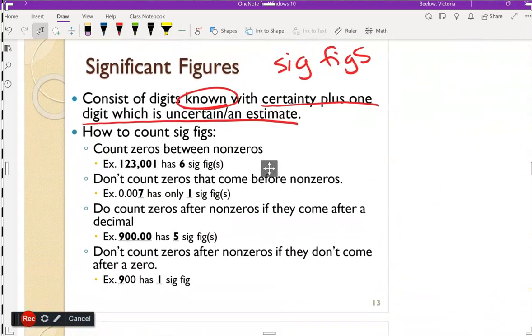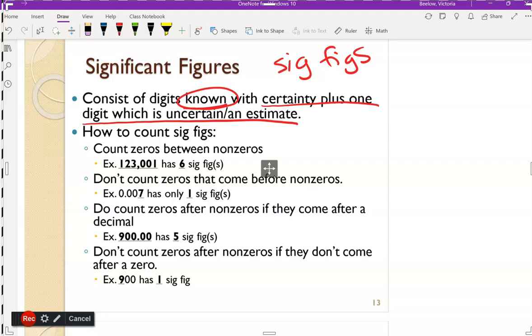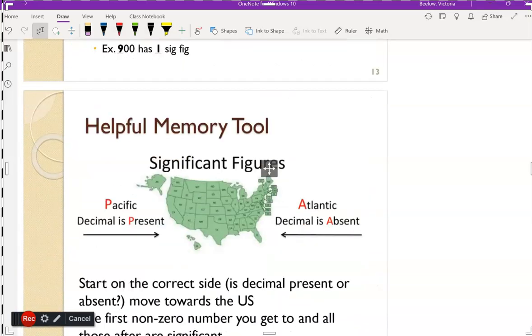Here are the rules for significant figures in terms of how to count them. However, you can look at this. This can be a very helpful resource, but I'm going to teach you a really easy trick, I guess, for counting significant figures. I myself use this little shortcut all the time.